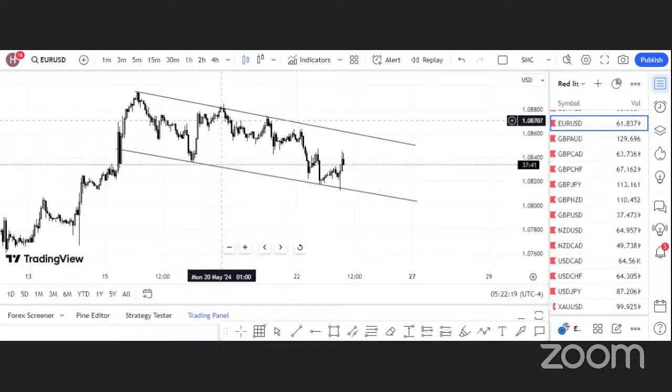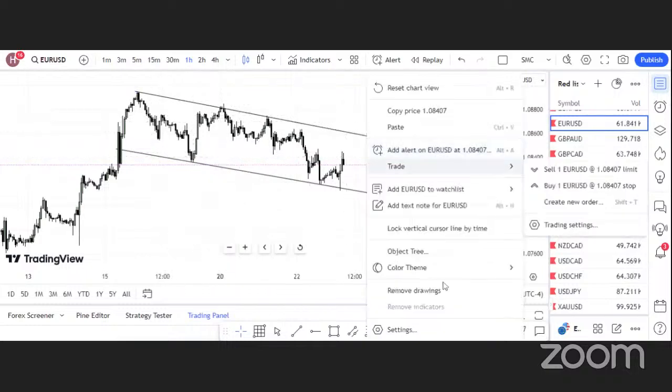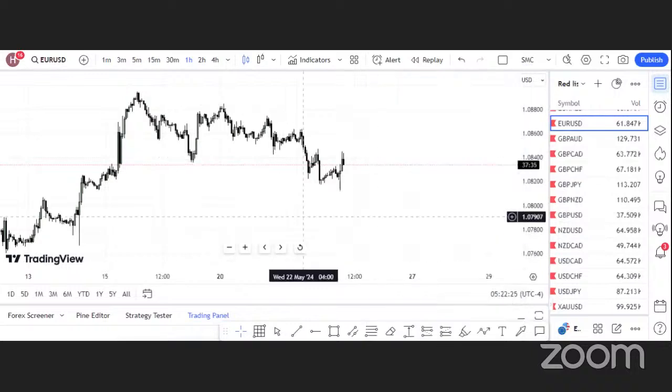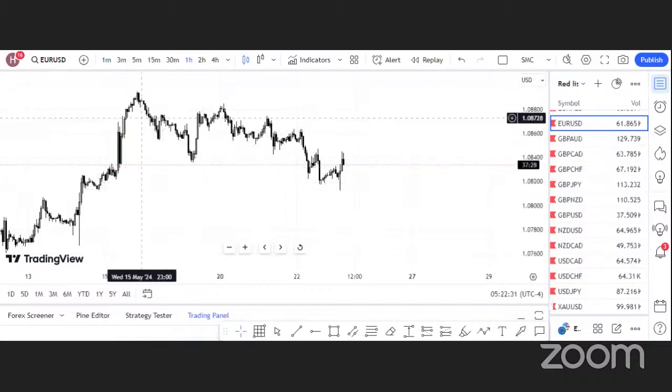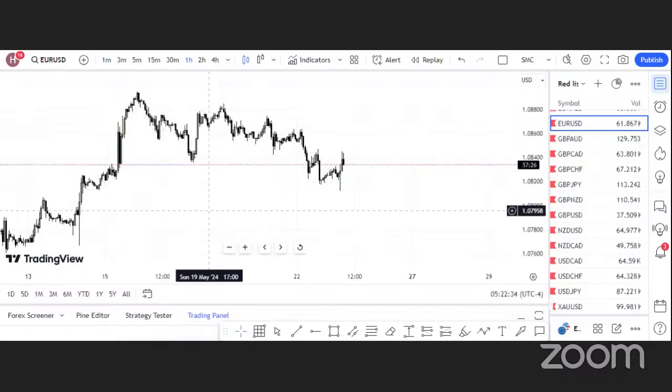So, with what we have here, let me delete. Sorry, I wasn't explaining while I was using the trend line. What we have here right now, as you can see, is a resistance zone because of this high.